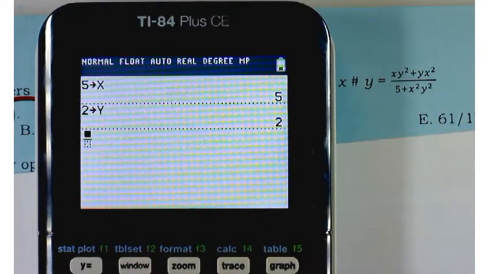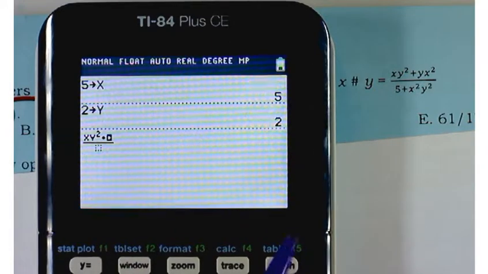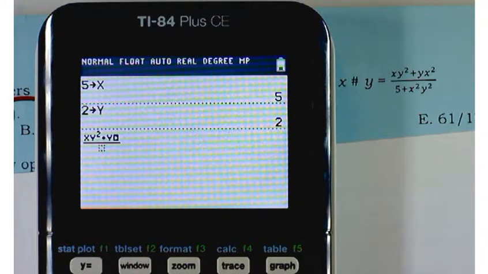So, okay, that's going to be an X and then a Y squared. So you hit the alpha 1 and then the squared key, plus, and then Y X squared. So alpha 1 again and then X squared.